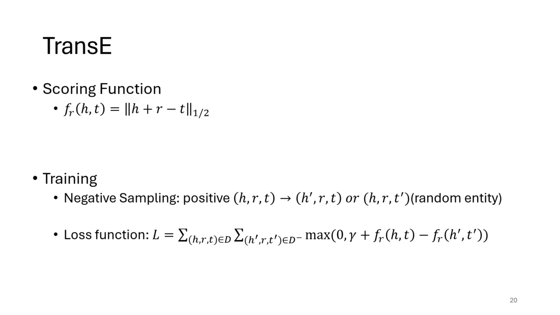TransE's scoring function is as follows. During training, entities are randomly replaced in the true positive triplet to create a negative sample. This is then used for training using the loss function below. The gamma value here is a hyperparameter.